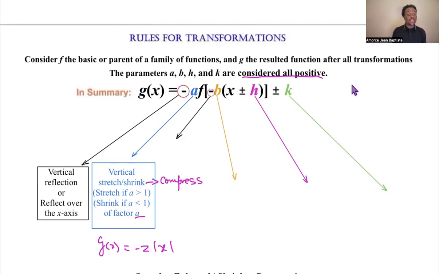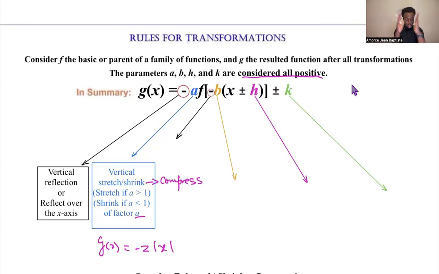It will be closer to the y-axis. It's like you bring it down closer to the x-axis. That's a vertical stretch.